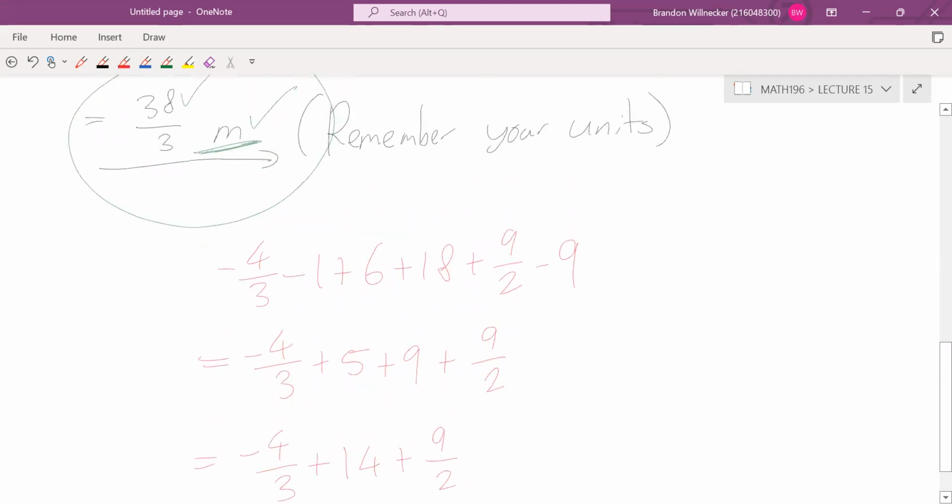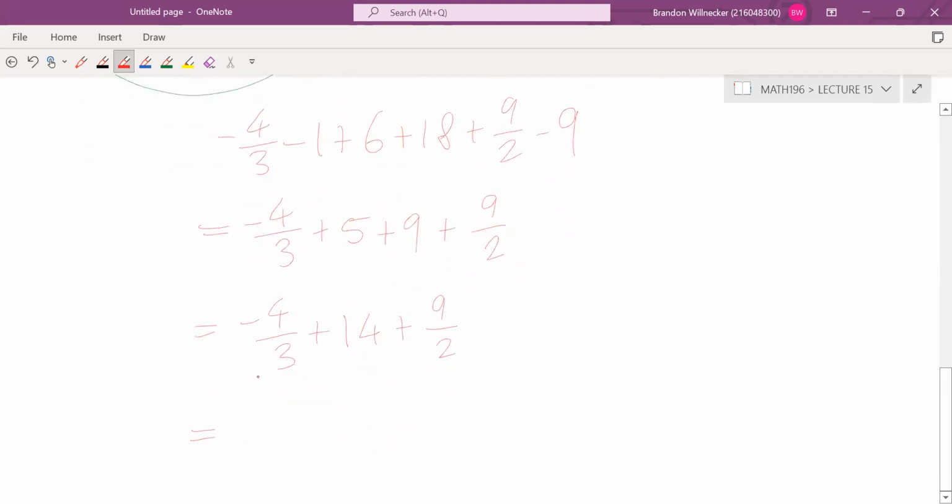Let's make everything at the bottom 6. So timesing top and bottom by 2, we get -8/6 plus, times by 3, 27/6 plus 14 times 6, that's going to be 74.